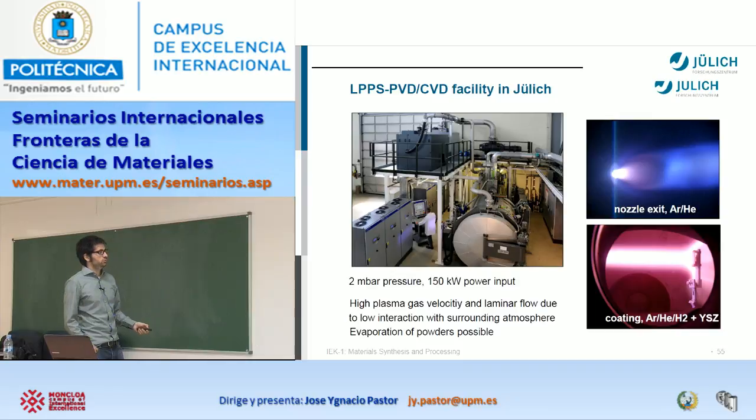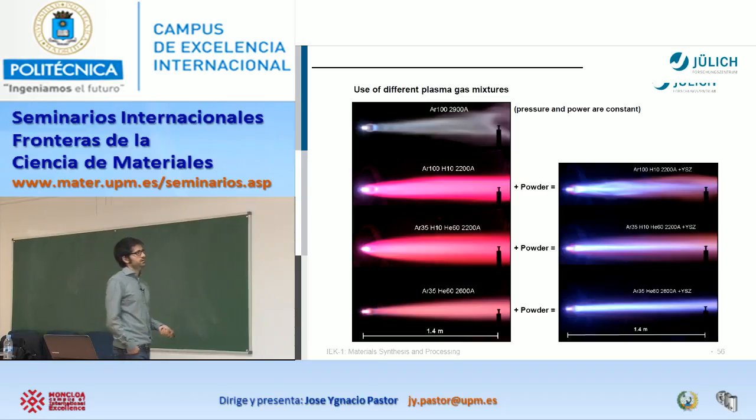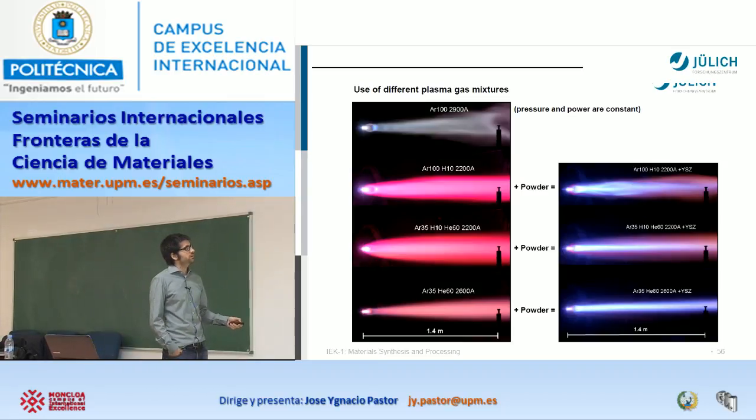What we can do with that one is produce a really high plasma with a gas velocity in a laminar flow, and then the interaction with the surrounding atmosphere is used, and the evaporation of the powder is possible because you introduce this suspension. And here are a couple of pictures about the different nozzles or gases that we can introduce.